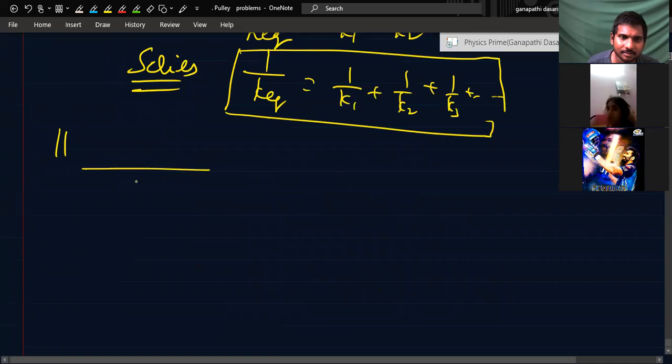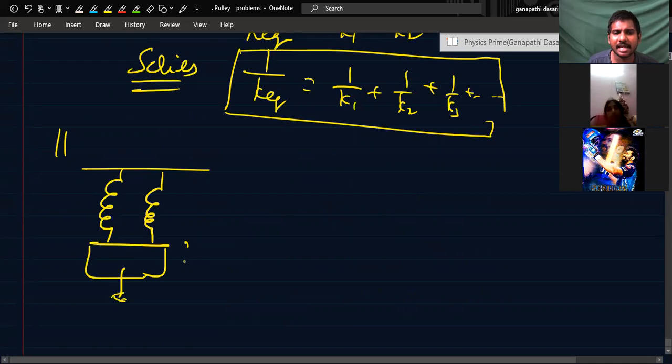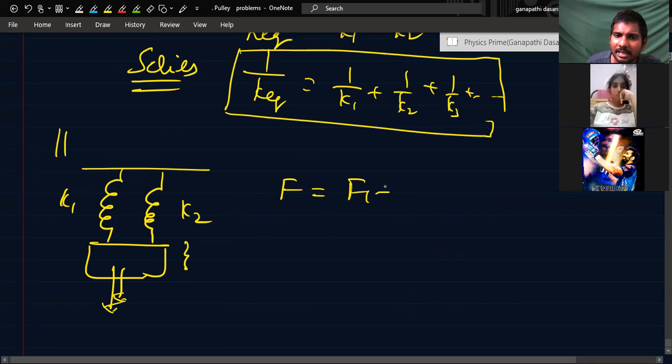For parallel, the displacement will be the same. Got it? For both the springs, displacement will be the same, but not the force. Displacement will be the same for both blocks in a parallel connection. That means the net force is equal to F1 plus F2.